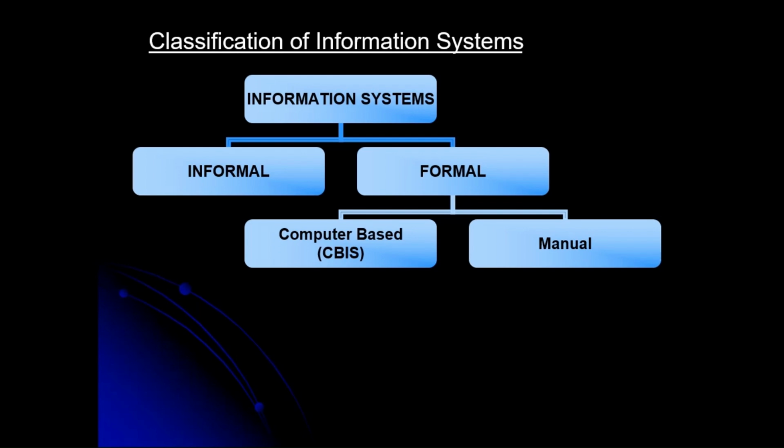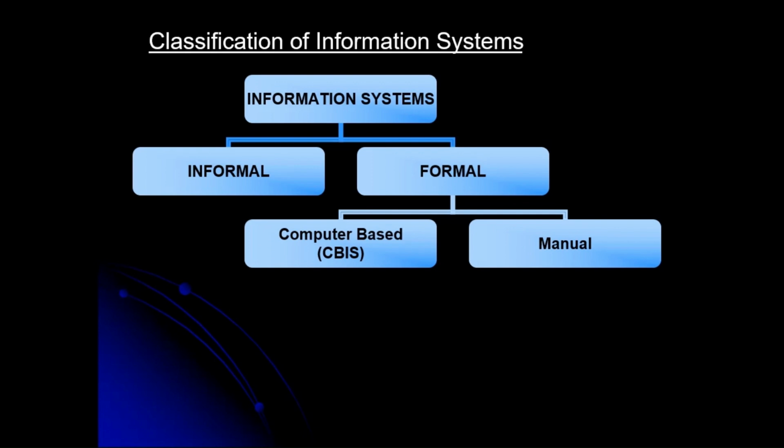There is a set of components, and these components work together. If someone says something to you and you just forget it, if you don't process it, if you don't store it, and if you don't distribute it, it won't achieve the objective, right?